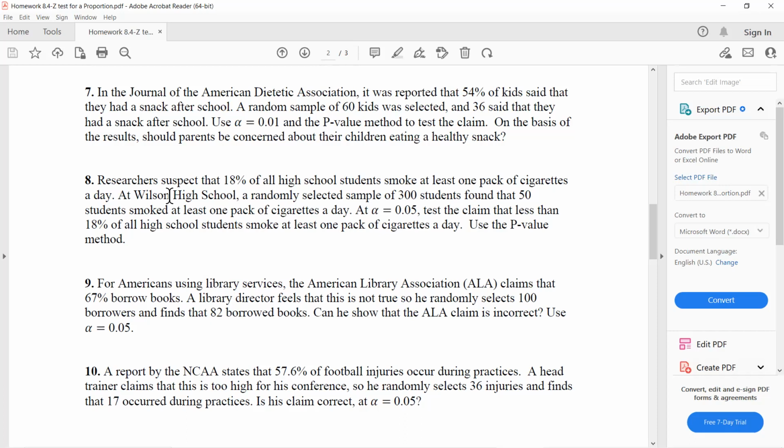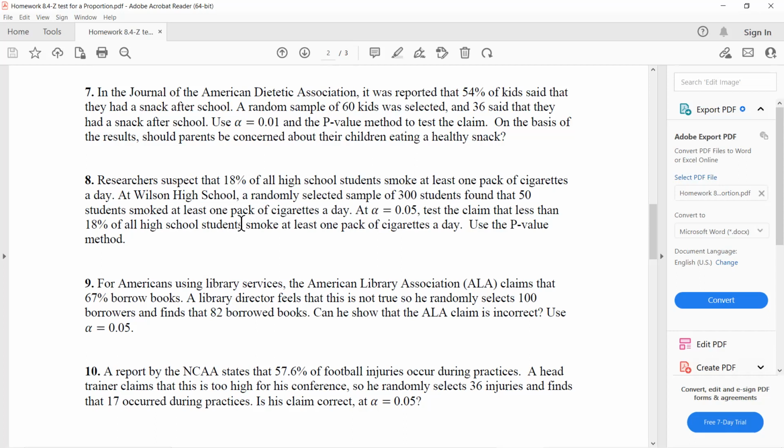It says researchers suspect that 18% of all high school students smoke at least 1 pack of cigarettes a day. At Wilson High School, a randomly selected sample of 300 students found that 50 students smoked at least 1 pack of cigarettes a day.